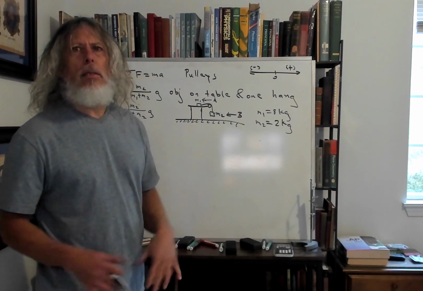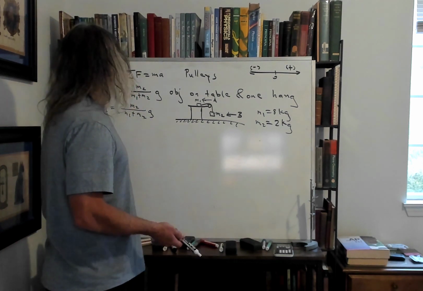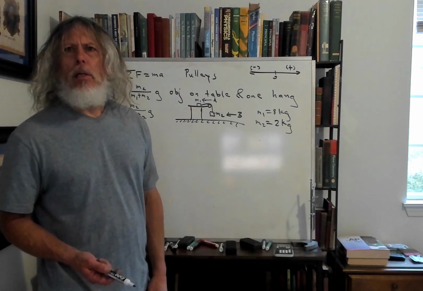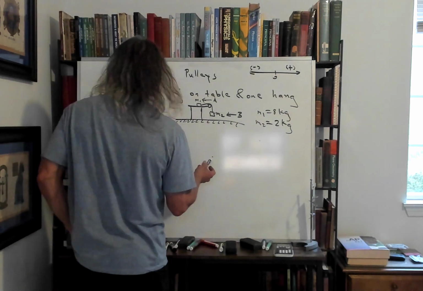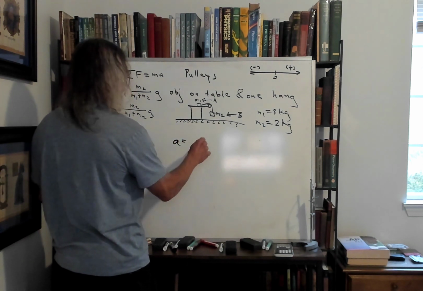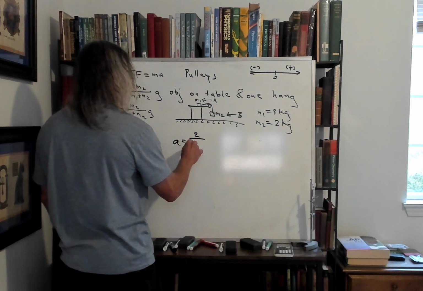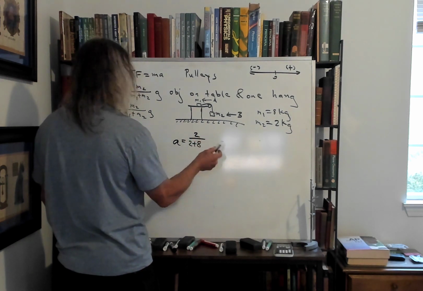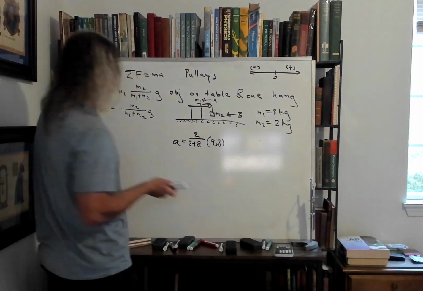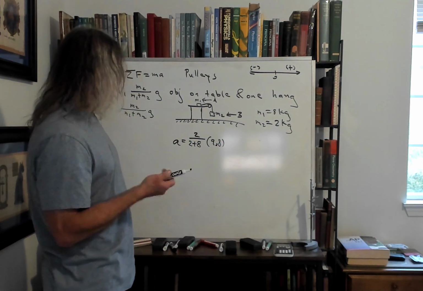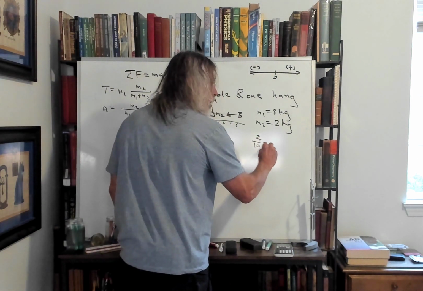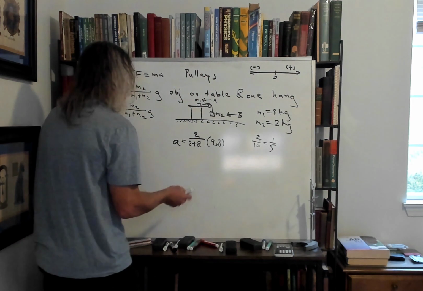So we apply it. Then we got our 8 and our 2, then acceleration is 2 over 2 plus 8 times 9.8. 2 over 2 plus 8, 2 over 10. 2 over 10 is 1/5. 1/5 is 0.2.